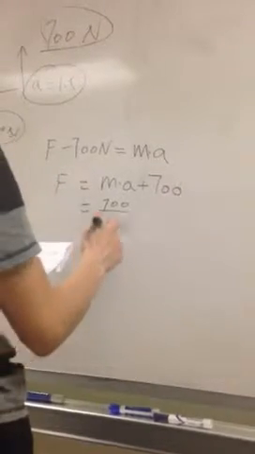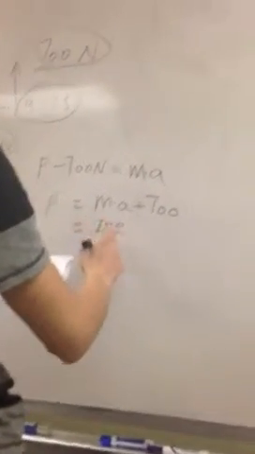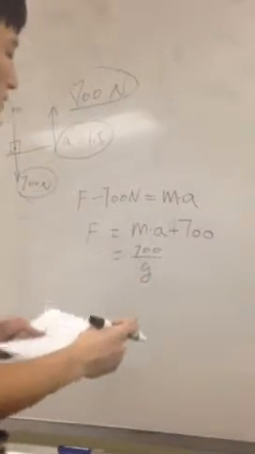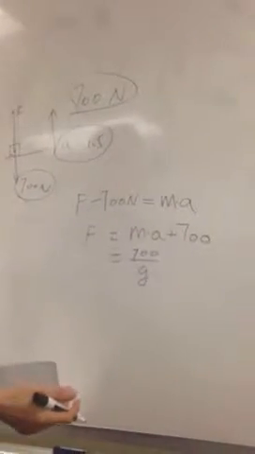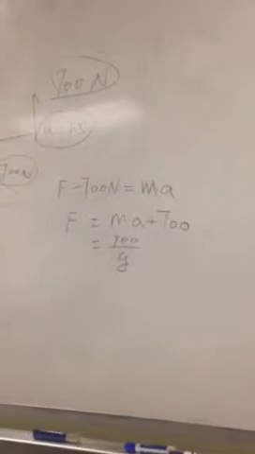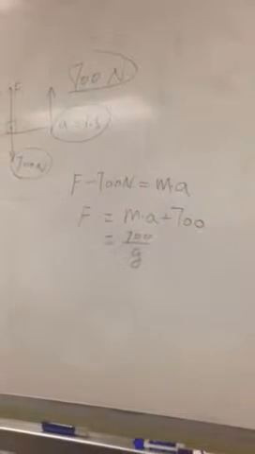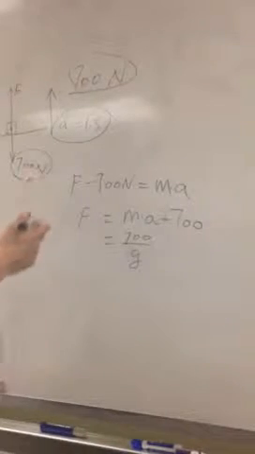So the mass will be the weight divided by g.